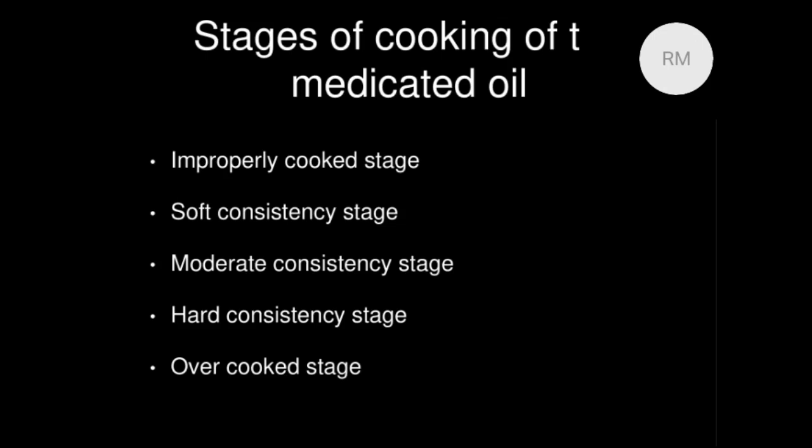The medicine should be of one of these consistencies. The soft consistency is used for a different purpose. The oil cooked in moderate consistency is used for another purpose. And the oil cooked in a hard consistency is used for yet another purpose.